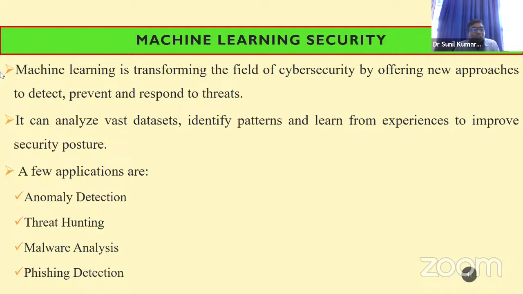If we look at the applications, it is being applied towards anomaly detection, and of course it is all going to be a classification problem. Similarly, threat hunting, malware analysis, phishing detection. We will have the data, and classes will be there, and we will use the machine learning model to classify the data on the basis of whether it has particular anomalies or not.